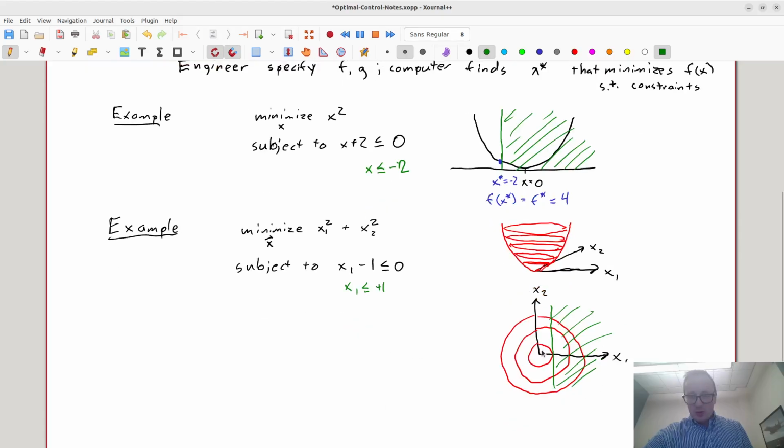If we want to solve for the point at the bottom of this bowl, we can solve for the point where the gradient of f, which is the derivative with respect to each of these individual variables, equals 0. And if we do that, we will get x star, the optimal point, which is right here, equal to 0, 0 in this case, just by inspection.